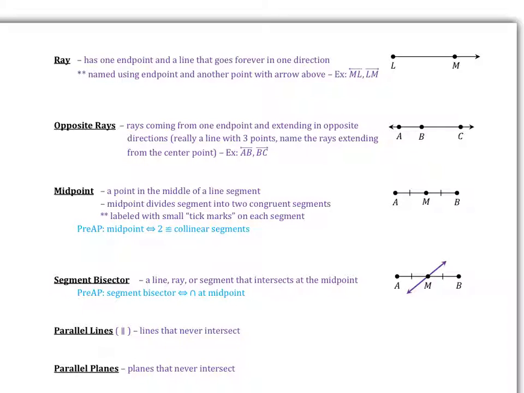A segment bisector is a line, ray, or segment that intersects at the midpoint. So here we have a line or a ray which cuts the segment exactly at the middle. You still see the 2 congruent marks, and this segment bisector intersects at a midpoint.